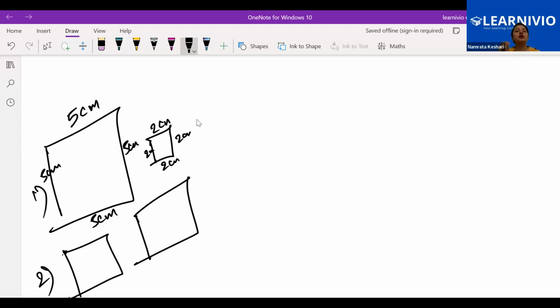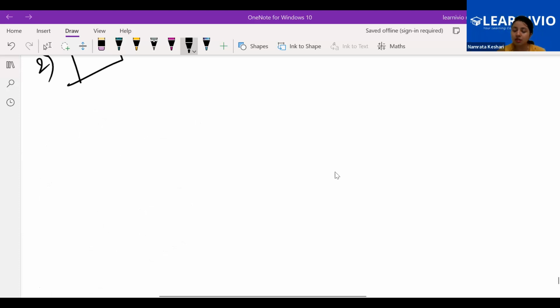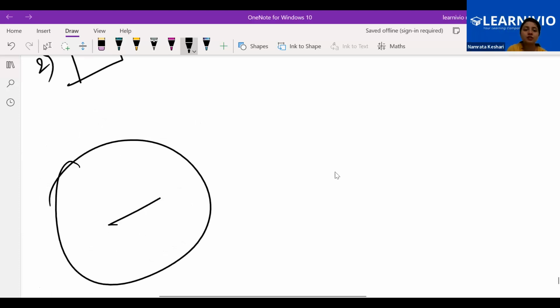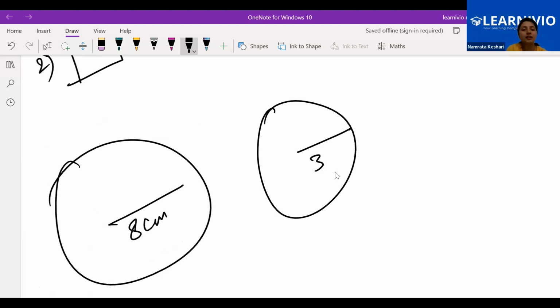So whatever two circles you will draw, one bigger and one very small, or one medium size one, any two circles by taking any two measurements. Be it you are drawing one circle by taking 8 centimeter measurement, and you are drawing another circle by taking 3 centimeter. Can you see the radius is in proportion, like 8 by 3 only we are getting.